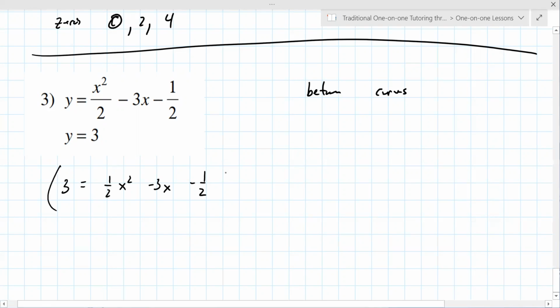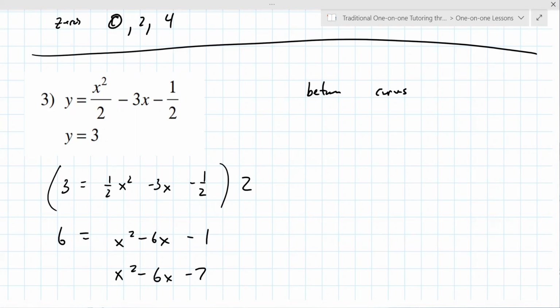If we could just back up, I would probably clear the fraction. I would multiply everything by 2. Oh, okay. Your answer will get to the same place, but let me just get caught up here. I subtract 6, so I would get x squared minus 6x minus 7.